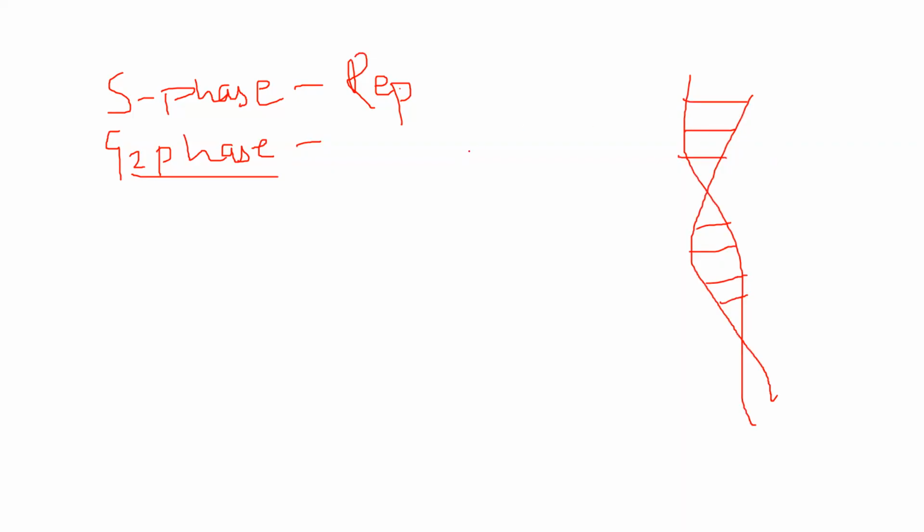The role of helicase is to break this hydrogen bond, and this process is known as melting of DNA. Then there will be formation of the replication bubble. Am I clear? This whole process is very complicated, but I have given you a brief explanation of this particular thing.